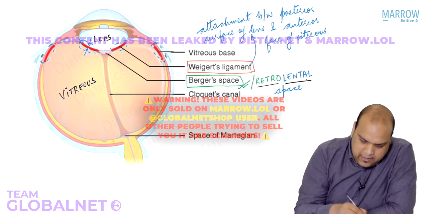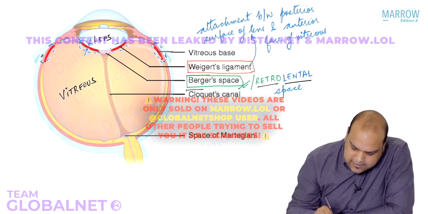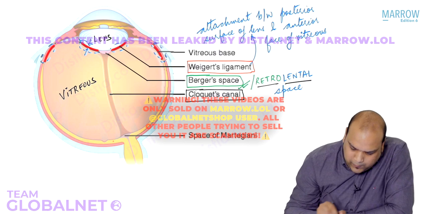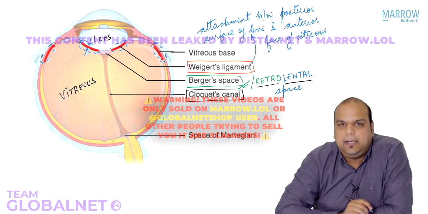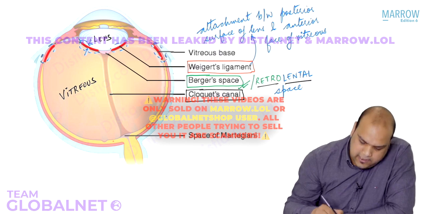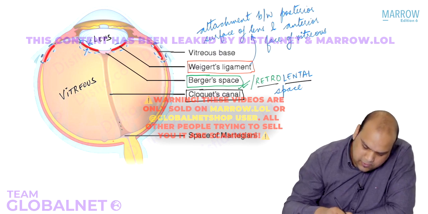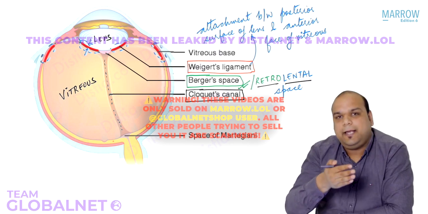Now, the next structure that we see marked in this image is Cloquet canal. The T is silent here. Now, what is this? If we see this whole space, you see a dark gray line in the diagram.